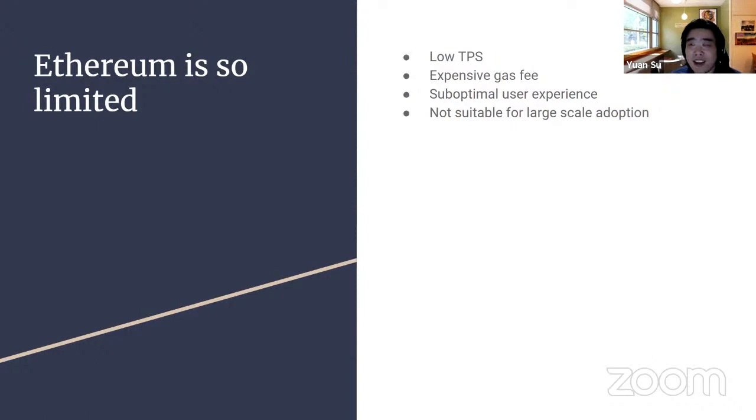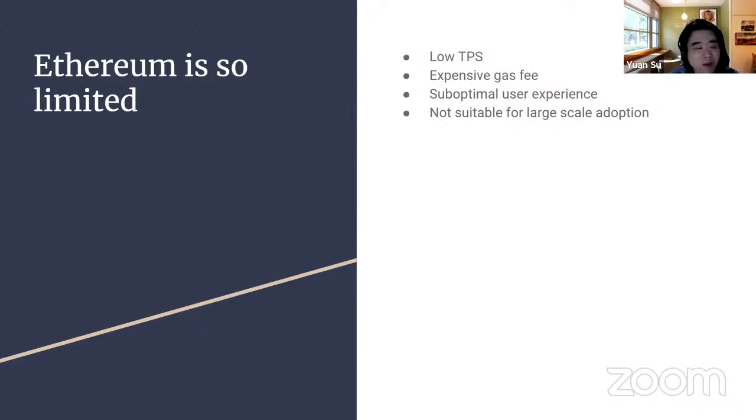So if we say the purpose of Ethereum is to have real-life large-scale adoption, then I don't think it's even possible, because it can't even handle a kind of simple game that only a small number of people are playing at the same time.